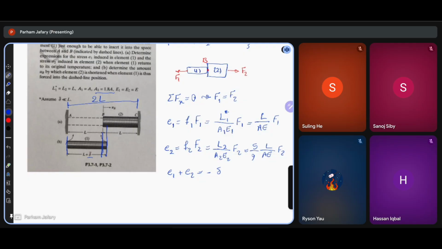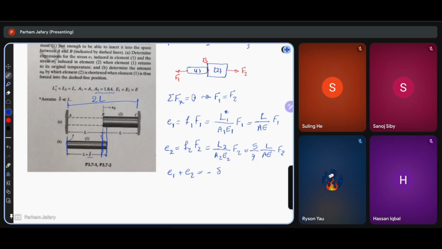After that, when left at room temperature, because of the thermal stress, it wants to expand, right? But now the other element is there, not letting it expand. If it wasn't there, it would just expand to the initial size of L plus delta, right? But the other element is there and it's preventing it.